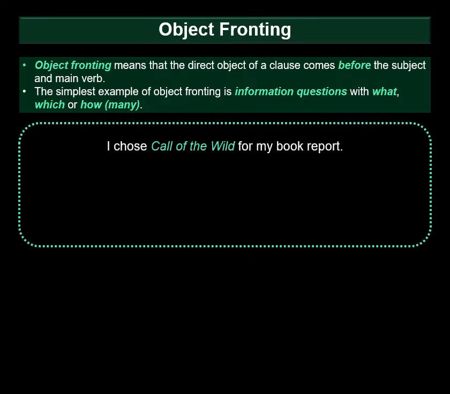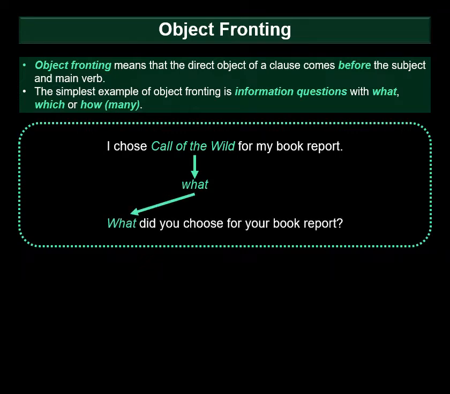Okay? For example, I chose Call of the Wild for my book report. Call of the Wild is the object, which we change to what in the question, and then move it to the front. What did you choose for your book report? This is object fronting.